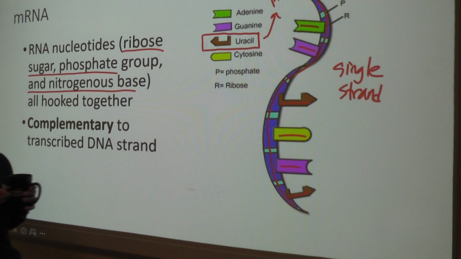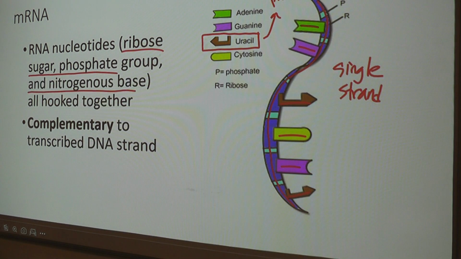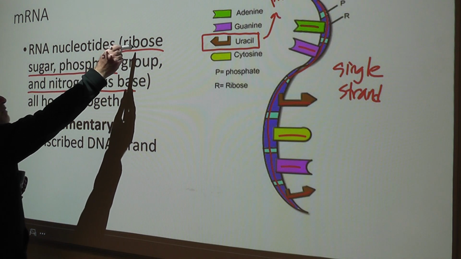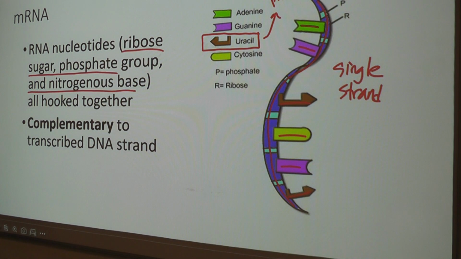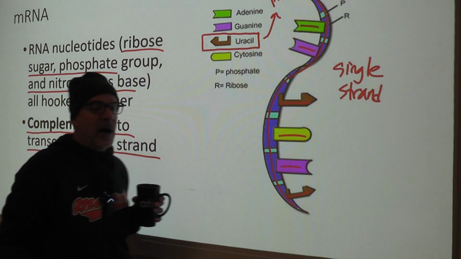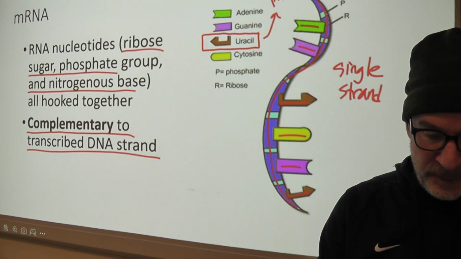With RNA, a single strand is actually pretty stable, and that is because of the chemical differences. The ribose sugar and the uracil are what make RNA stable as a single strand. And when we look at the template strand of DNA, a strand of messenger RNA is going to be complementary to that, okay?